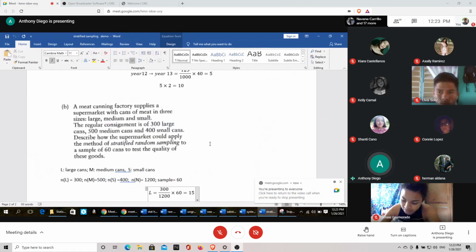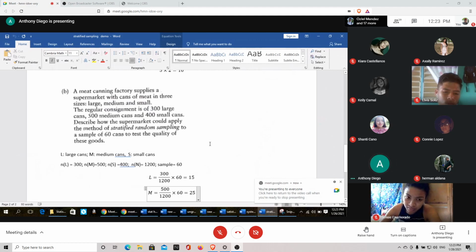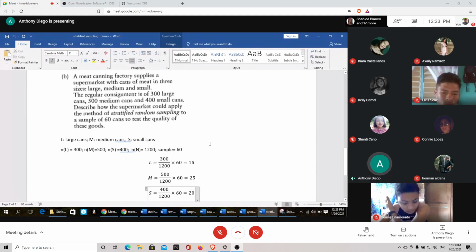The process, all of them followed a similar process. We take the number of large cans over the total times the sample, we obtain 15. Then we have 500 medium over the total times 60, that's 25.